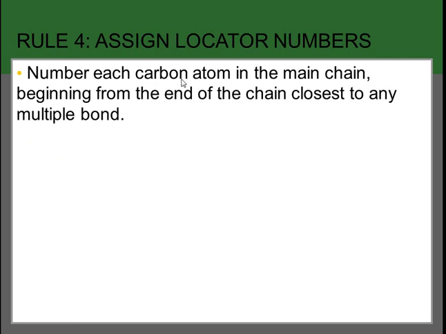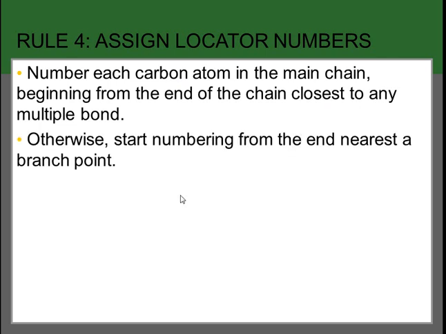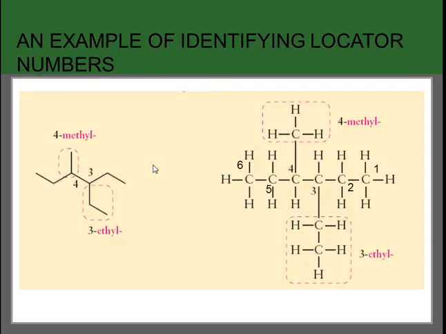Then we need to number each carbon atom in the main chain, beginning from the end of the chain closest to any multiple bond. Otherwise, we'll start numbering from the end nearest a branch point, so either closest to a multiple bond or closest to a branch point. So for example here, we have this 6-carbon chain, and we have 2 branch points on the 3rd and 4th carbon.